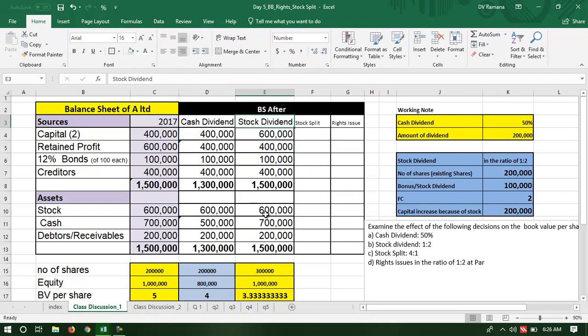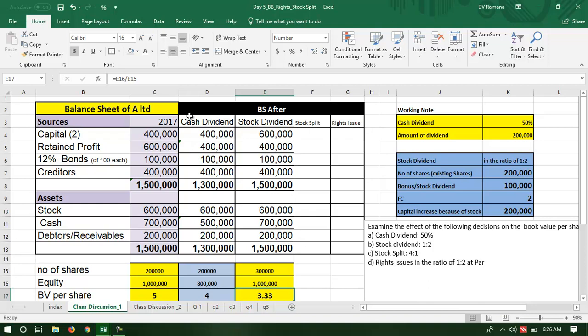And in equity, there is no change because the capital has increased because of the decrease in the retained profit. As a result, the book value per share has come down from 5 to 3.3.